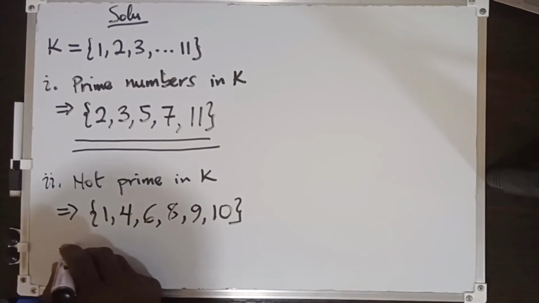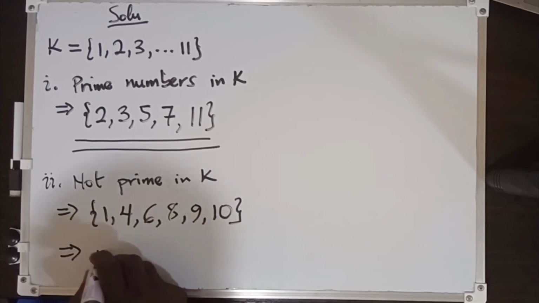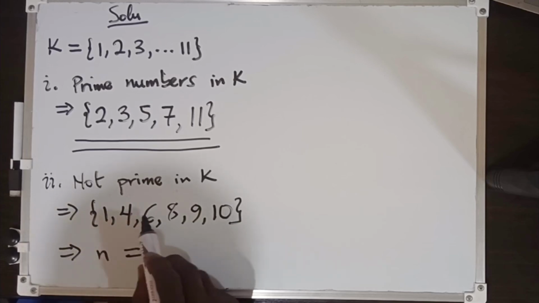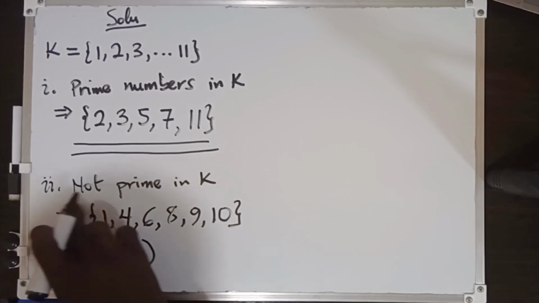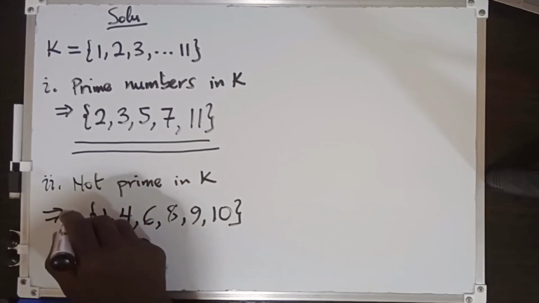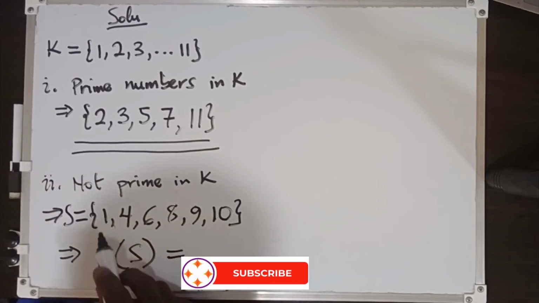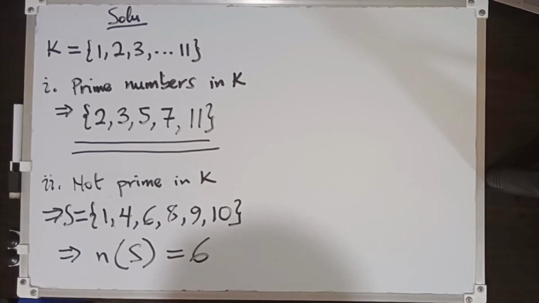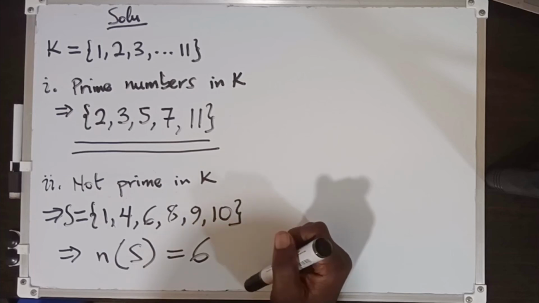So first we have to know the total number of elements in this set that we have listed here. We have 1, 2, 3, 4, 5, 6. That means these are our successful outcomes, so we can name it S. So the total number of successful outcomes is 6, the numbers that are not prime in the set k.